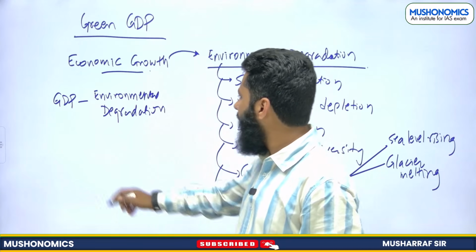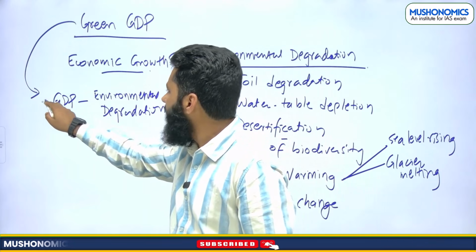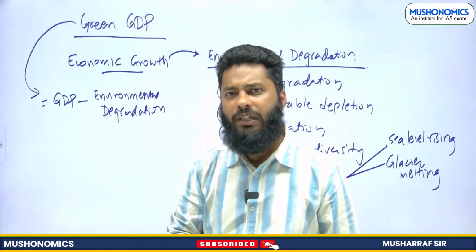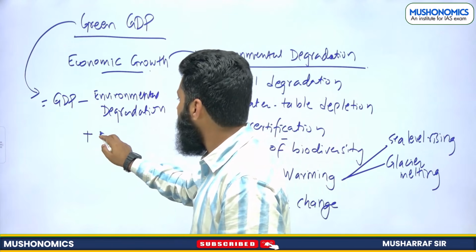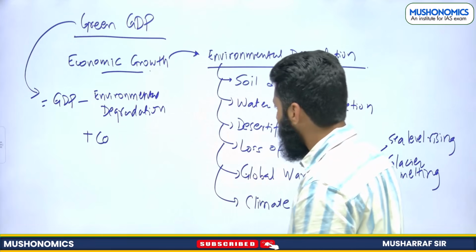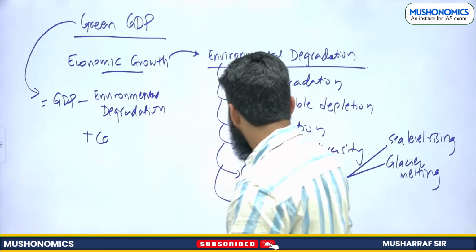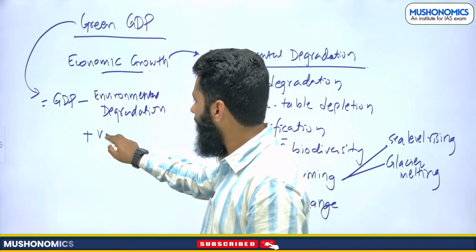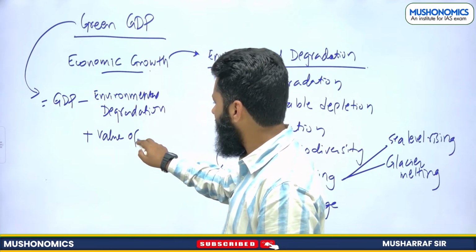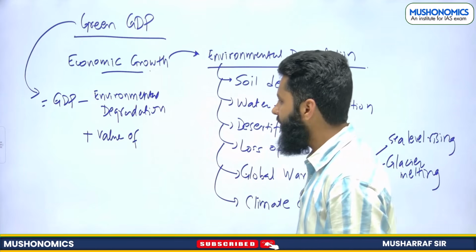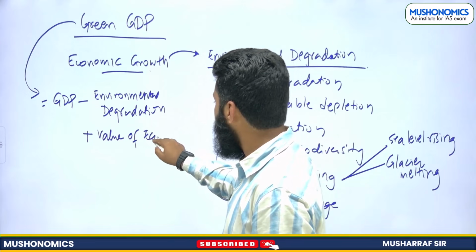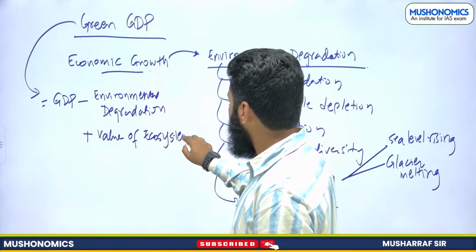And when we are calculating green GDP, it is GDP minus environmental degradation plus the value of ecosystem services. I am not going into the details of it, because you will be studying it under different subjects. But what do we mean by the value of ecosystem services?